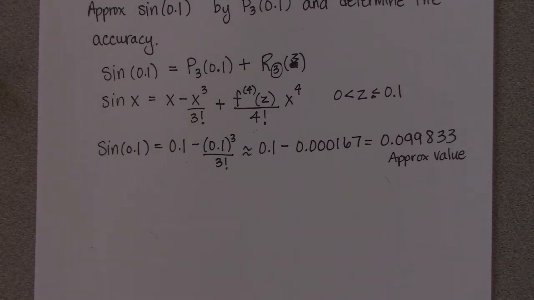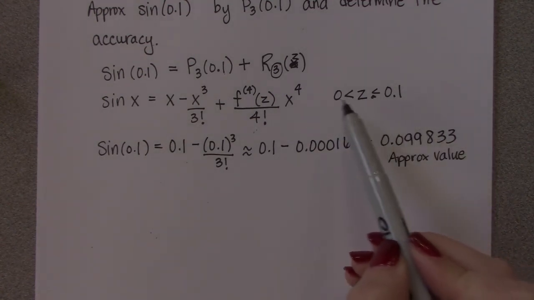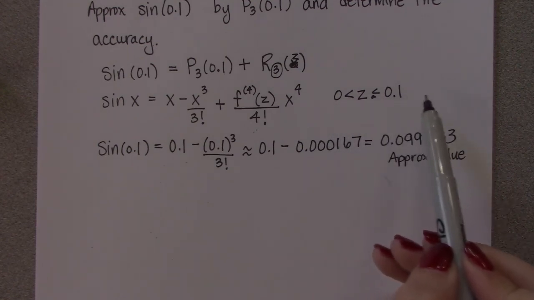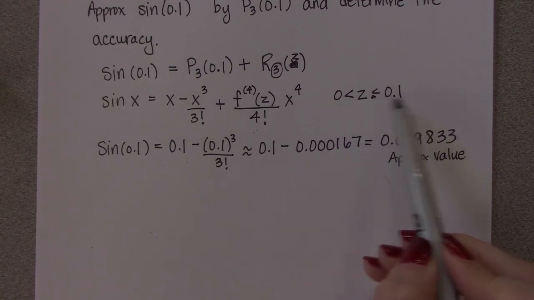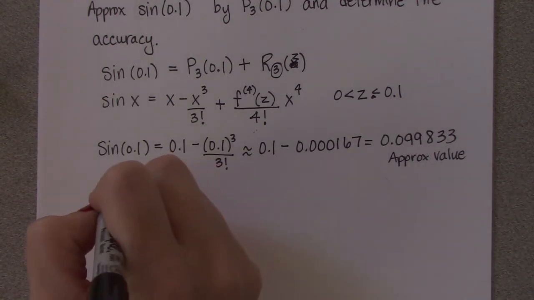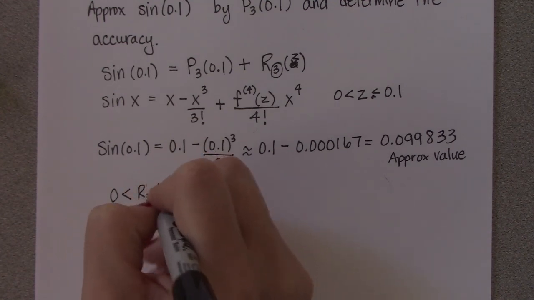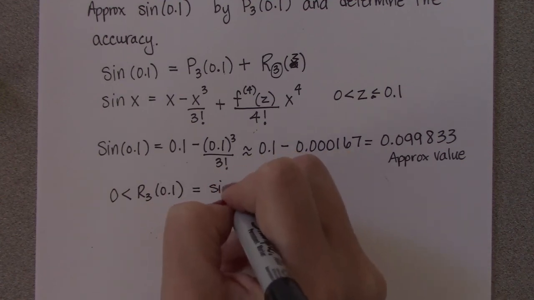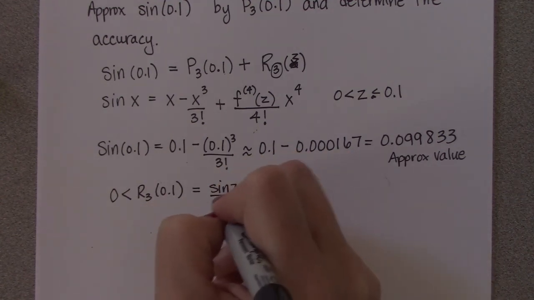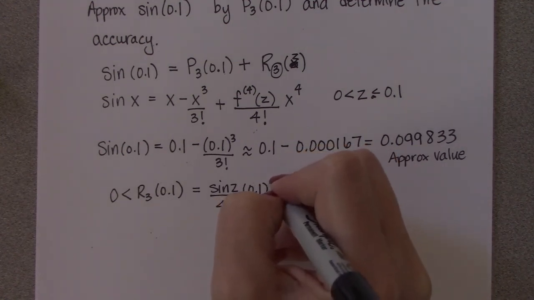So our remainder, this inequality I've set up right here, if I take sine of all of these things or cosine of all of these things, it would preserve the inequality. So what we can say now is the remainder has to be greater than 0. This is going to equal the sine of z over 4 factorial times 0.1 to the 4th.